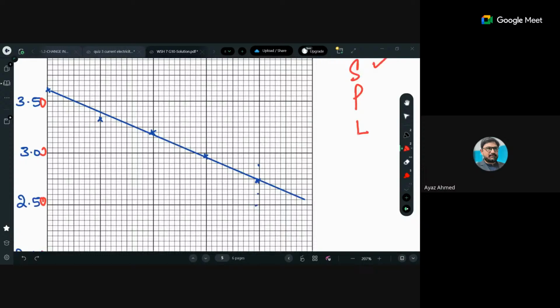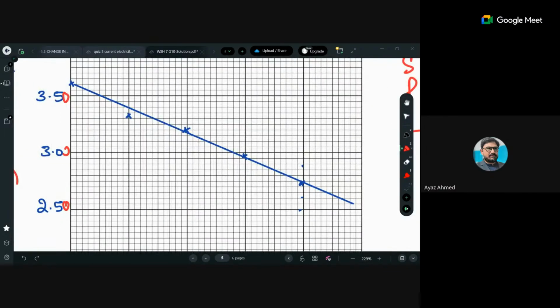For example, if I consider this as above and this as below, and this as above, because they both have the same distance from the line, and this as below, then this is the only point by which the line is passing through. So this is the line of best fit.